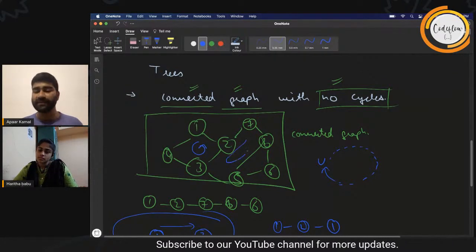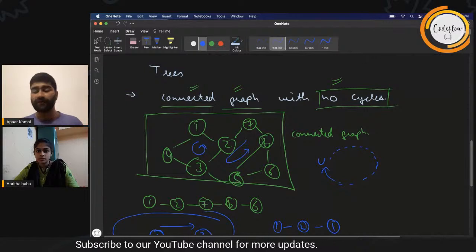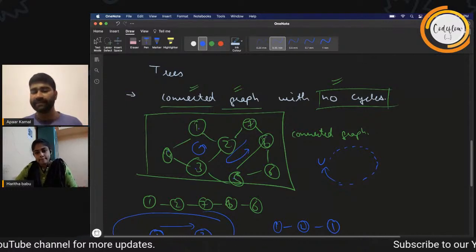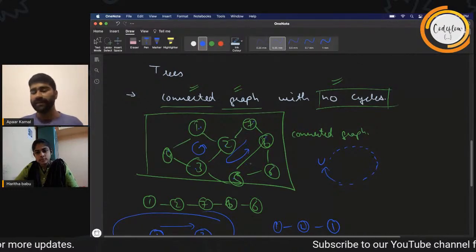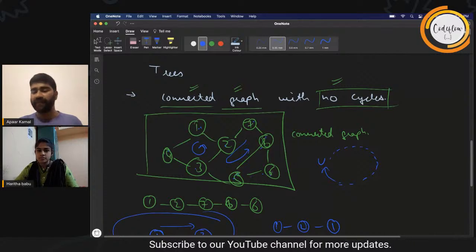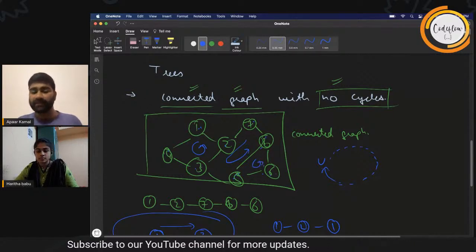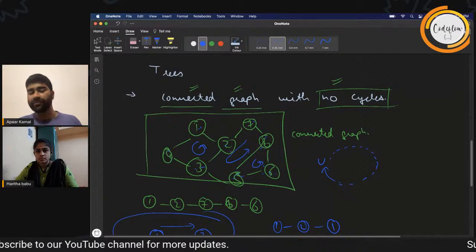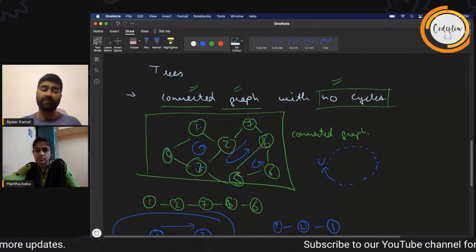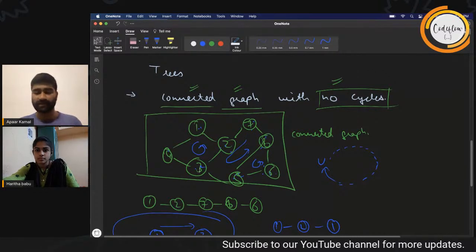Another cycle can be this, right? One cycle can be 1, 4, 3, 5, 6, 8, 7, 2, 1, and the next cycle can be 5, 6, 8, 5. Another cycle can be 3, 5, 6, 8, 7, 2, 3. Cool, guys. So here we can see that we have various cycles in my graph.